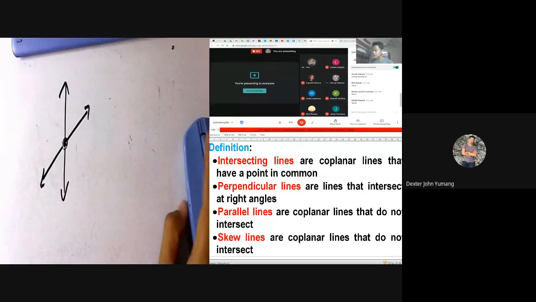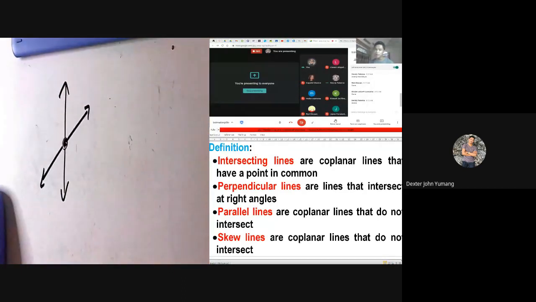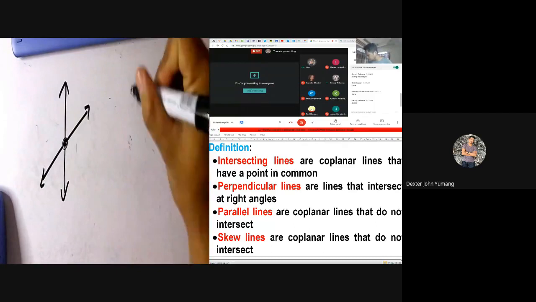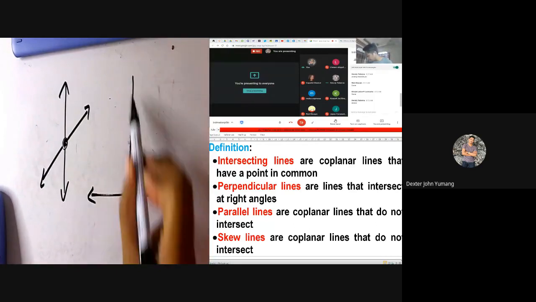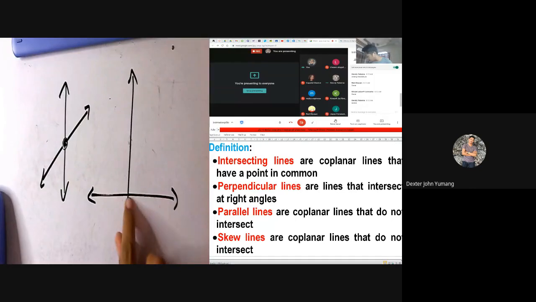Next, perpendicular line. When you say perpendicular line, these are lines that intersect at a right angle. So if you're going to draw that one, ang perpendicular line, nag-create siya ng line na right angles ang na-form. So in this case, kapag i-measure mo siya, this is 90 degrees, 90 degrees.